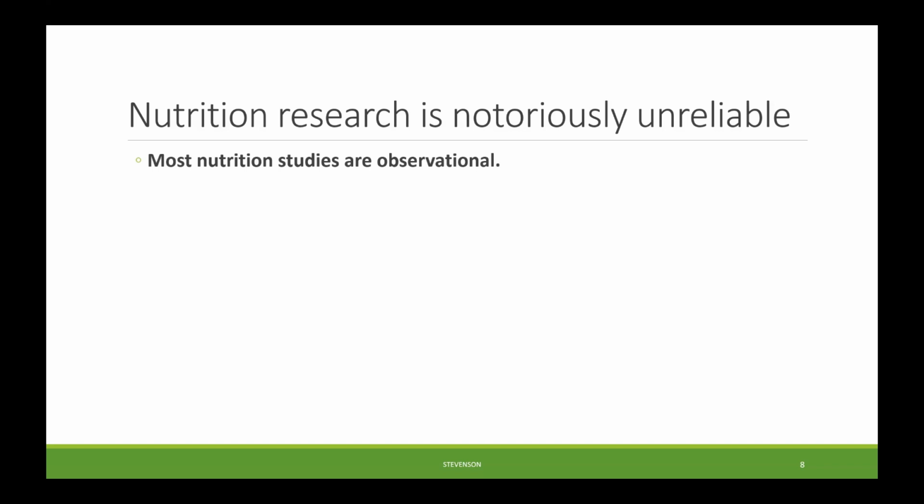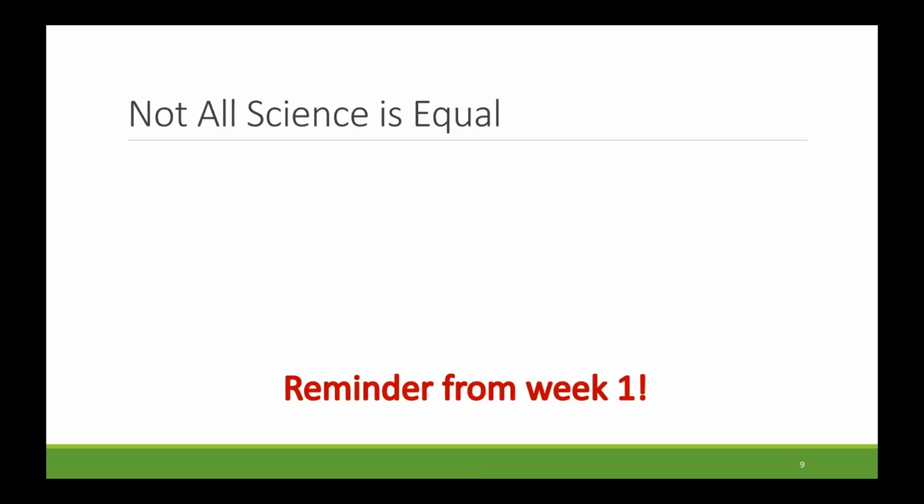Now, let me just pause here for a minute and remind you of what we're talking about when we say observational versus experimental, because this is something that we learned back in chapter 1. So we learned in chapter 1 about a number of different conditions that affect the quality of a study. And one of those was that an observational study is one where a researcher observes but does not intervene, doesn't set up specific conditions that they're testing.